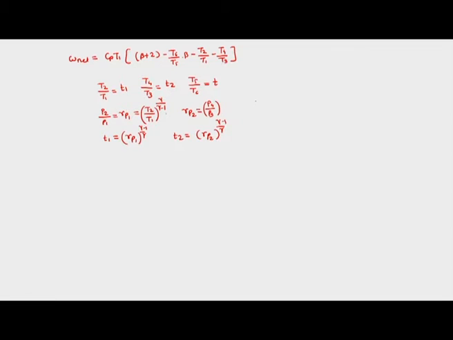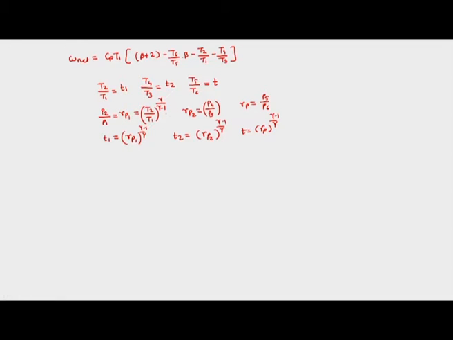And then similarly we can say that T is equal to Rp bracket raised to gamma minus 1 upon gamma, where Rp is equal to P5 by P6.